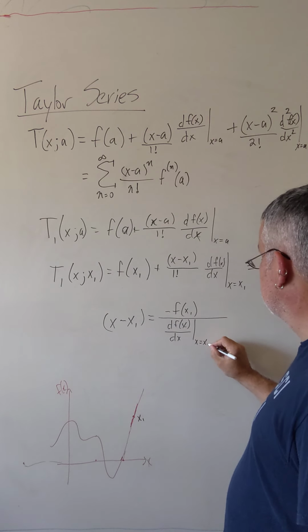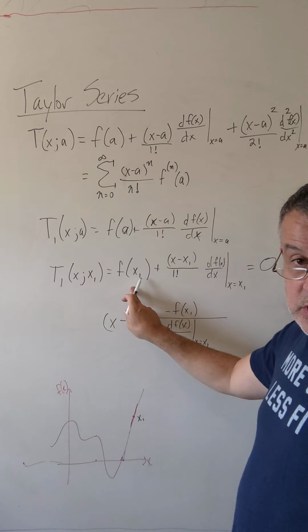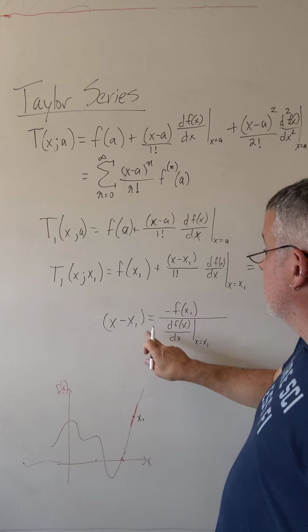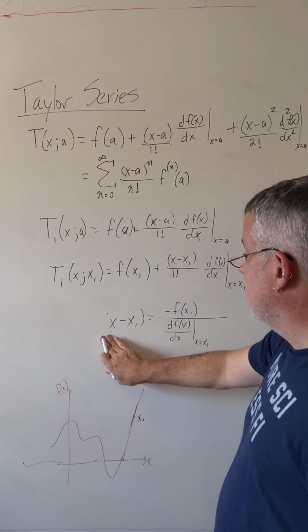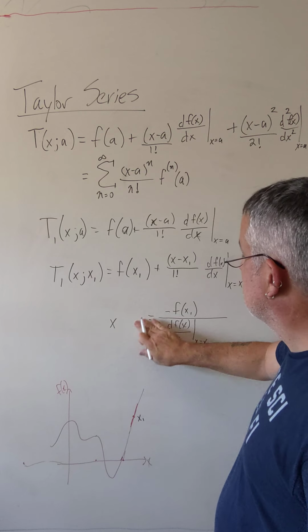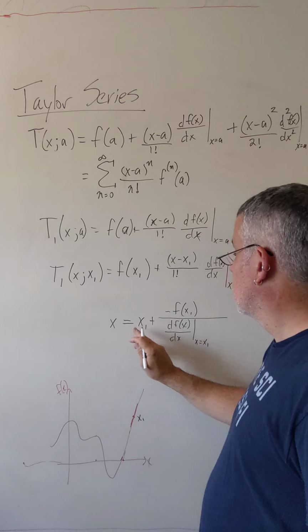I don't know what these derivatives are, but I surely could find them if you gave me this function. Okay, so I could then move the x1 to the other side and set the x equal to that.